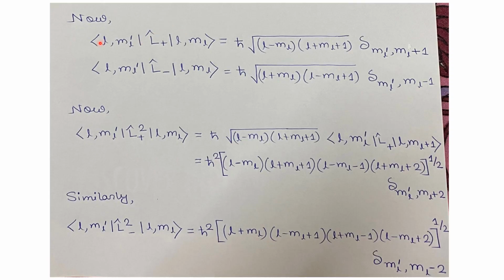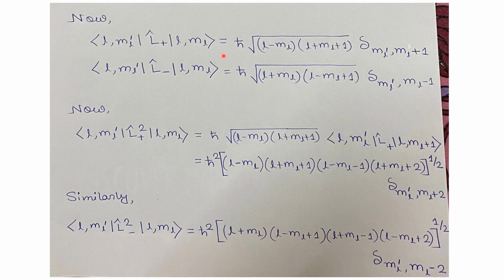Now let us see what is the value of this element, that is, the L plus cap operator sandwiched between the states ⟨L, ml dash| and |L, ml⟩. So the L plus cap operator will act on this state |L, ml⟩ and give h cut times root over (L minus ml) times (L plus ml plus 1), and an inner product between ⟨L, ml dash| and |L, ml plus 1⟩.